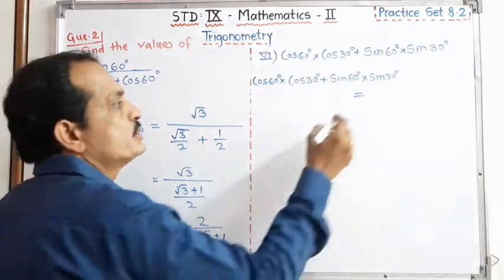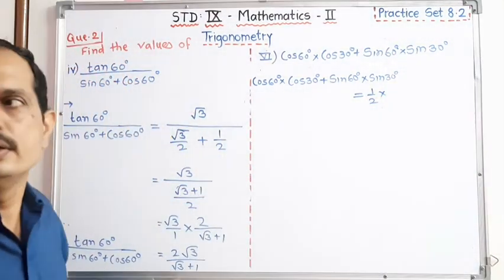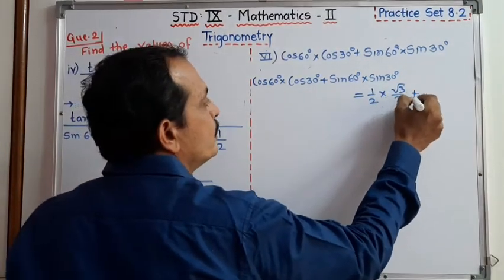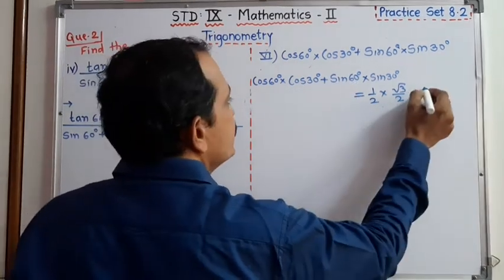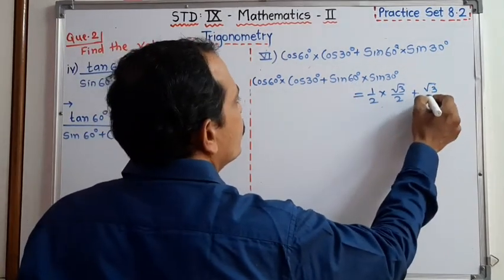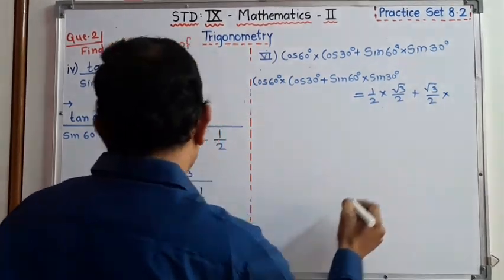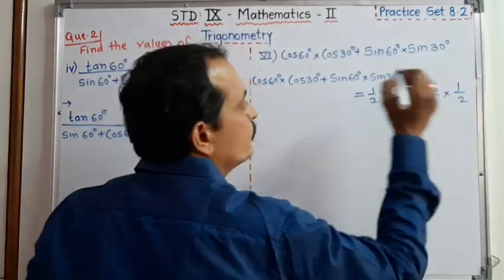Cos 60 is 1 upon 2 into cos 30 is root 3 upon 2 plus this sine 60. Sine 60 is root 3 upon 2 into sine 30, and dear student, sine 30 is 1 upon 2.